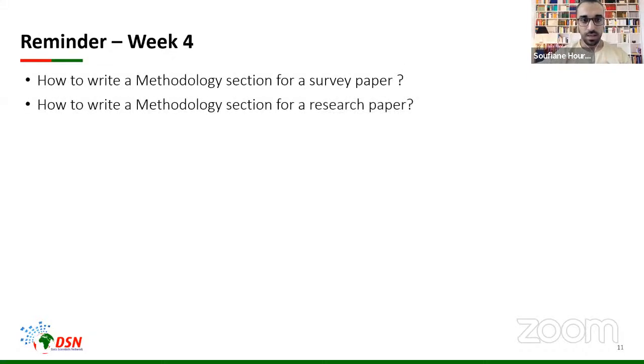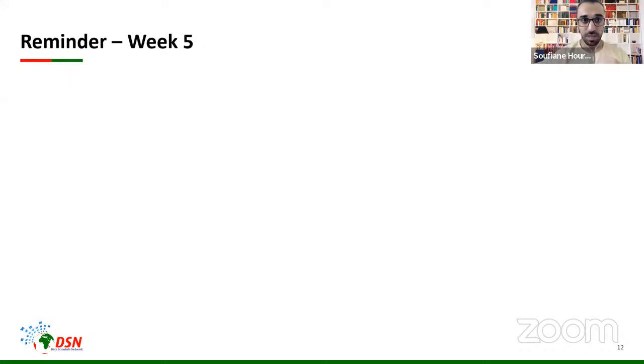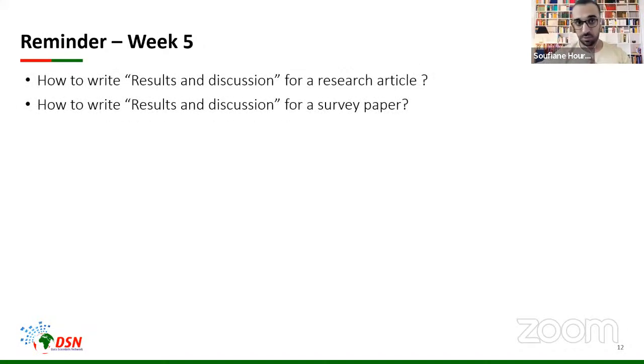In week 4, we've seen how to write a methodology section for both the survey paper and the research paper. In week 5, last week, we've seen how to write the results and discussion for both the research article and the survey paper.